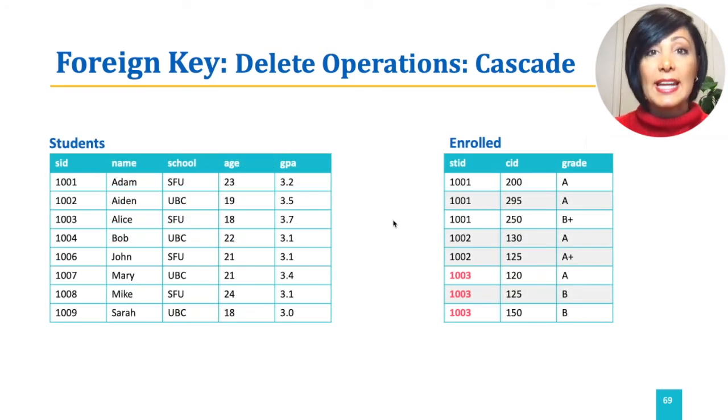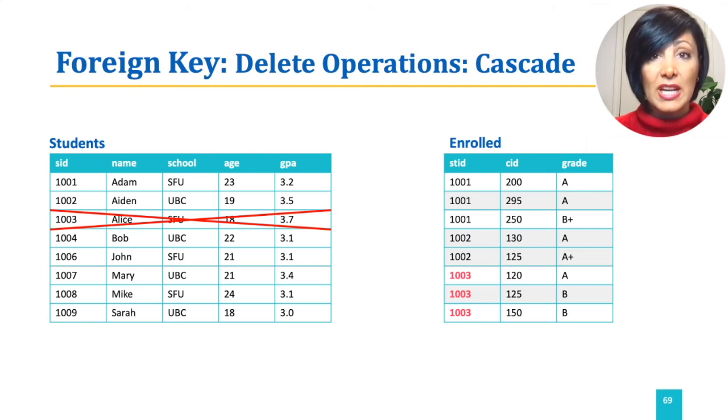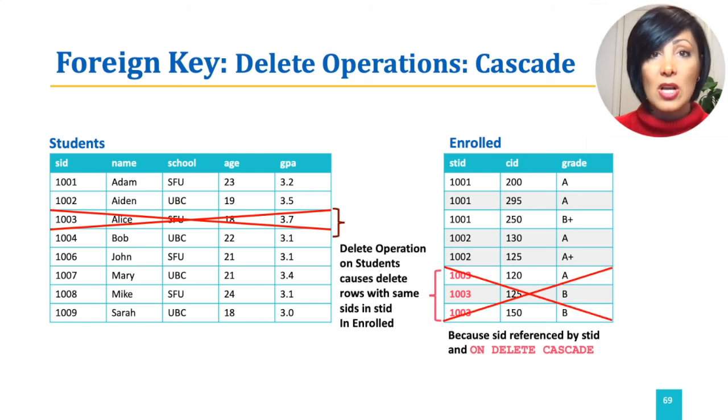On the same example, again, we want to delete the record for student Alice with SID 1003 from table students. Since SID 1003 has been used in STID in table enrolled, and the delete operation is set to cascade, this transaction will proceed and will result in not only the delete of the record for student Alice from the students table, but all the records with STID value of 1003 from table enrolled.